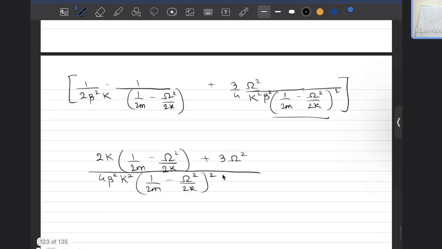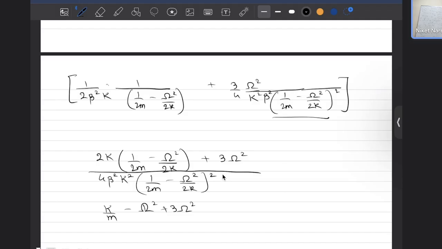All right. So now minus, let's see, kappa by m minus omega square is what I'm left with, plus 3 omega square, right?